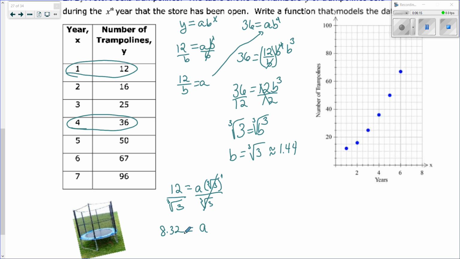So my actual equation would be y equals 8.32 times 1.44 to the x. All right. So that should be good.